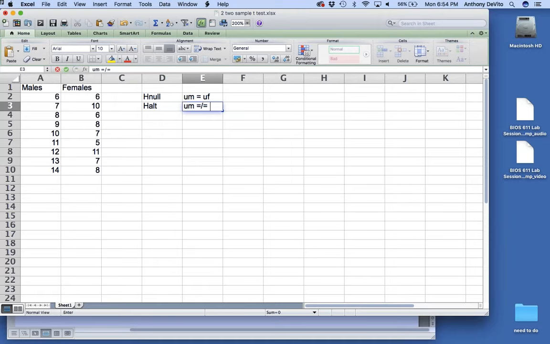We're not going to speculate about whether group A is greater than group B, or group B is greater than group A. We're just going to start with the assumption that the alternative is that they're different. Okay, so what's our alternative? The mean for the males is not equal to the mean for the females.